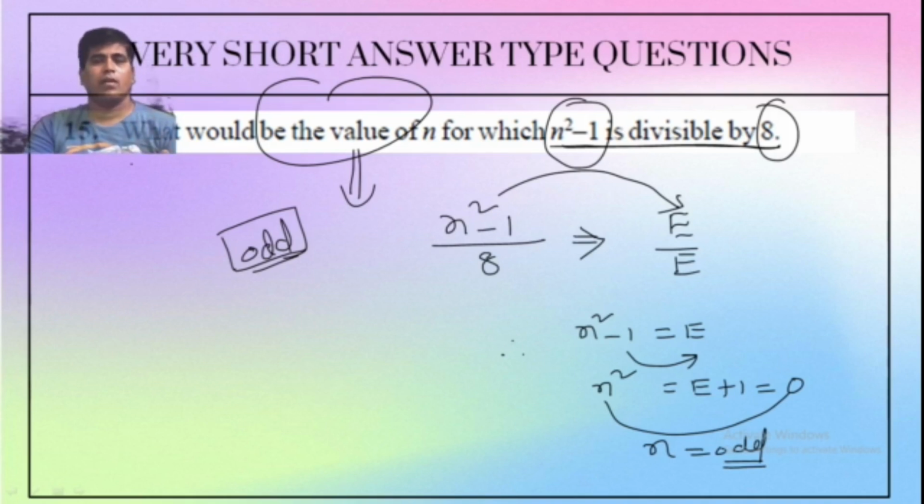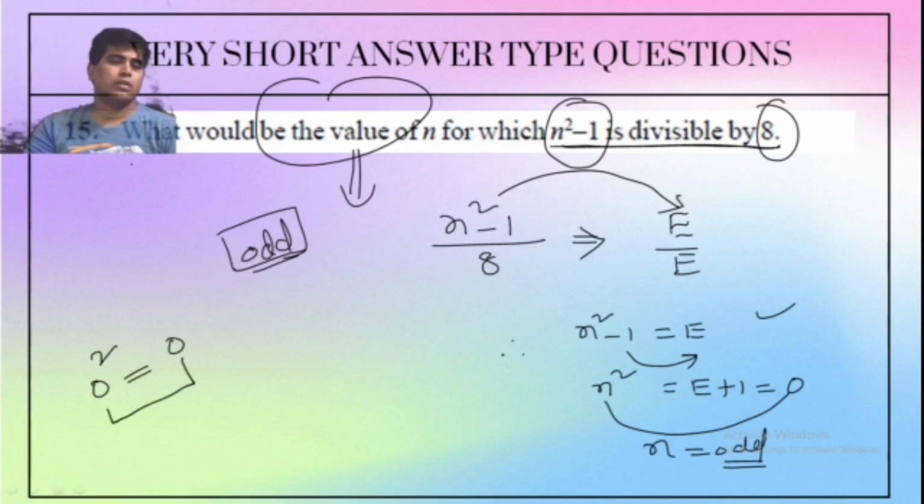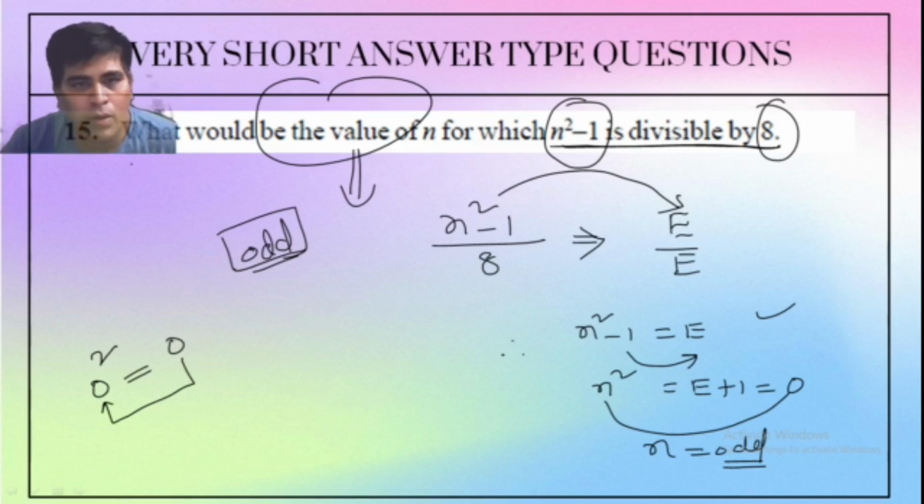When n square minus 1 is even, n square is odd, then n should be an odd number. Why? Because an odd number squared is always odd. So n is equal to an odd number. I hope it is understood.